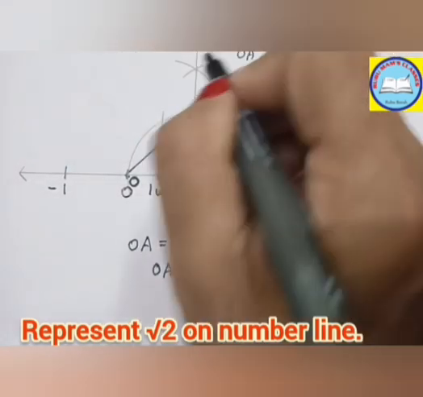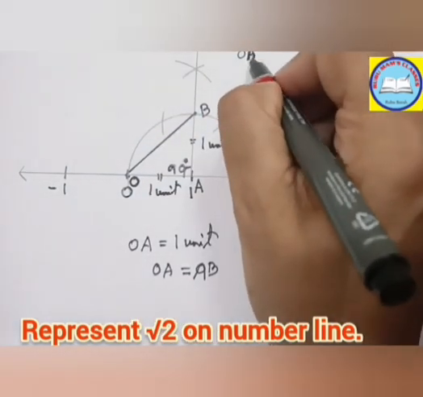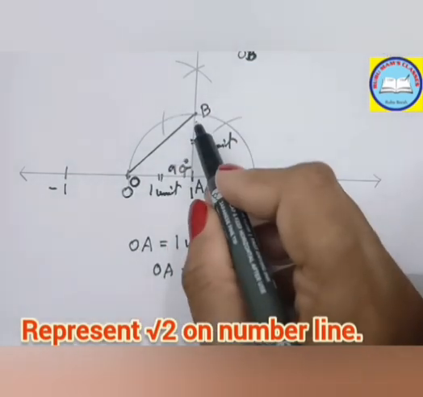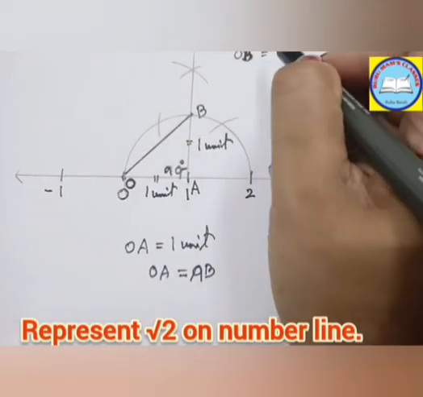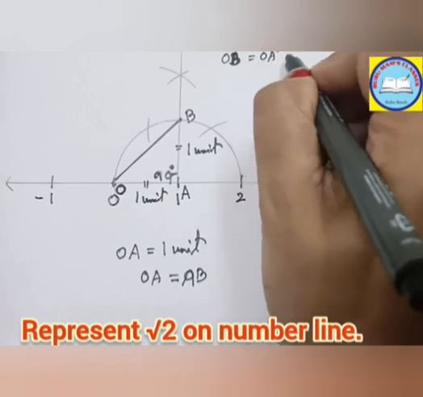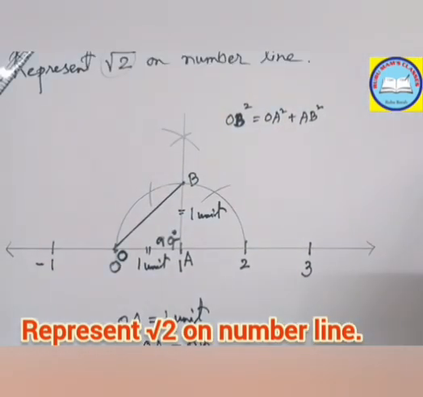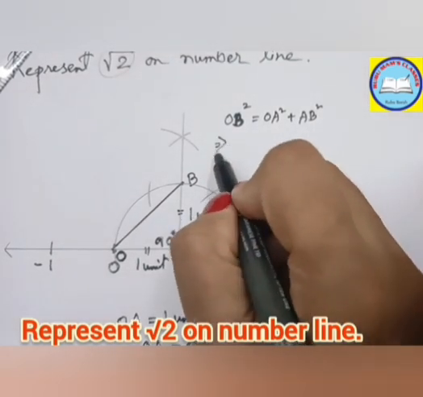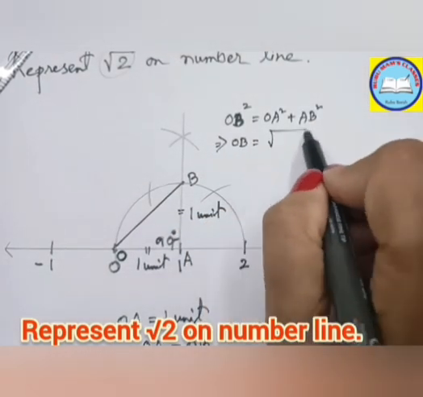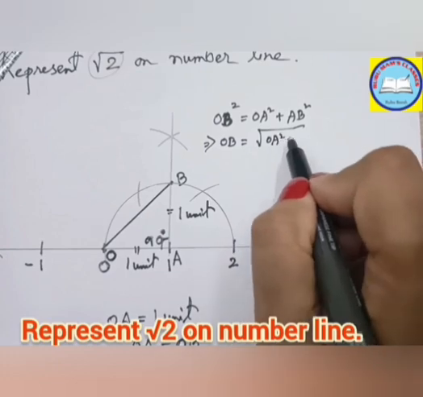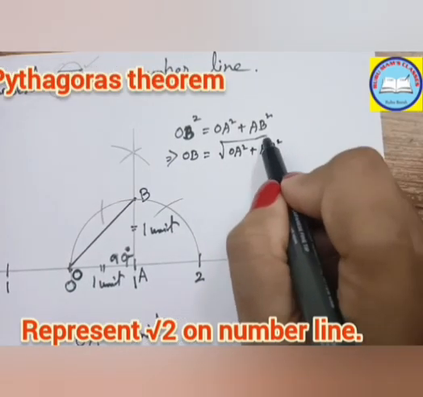OB is the hypotenuse. So OB square is equal to OA square plus AB square, by Pythagoras theorem. Therefore, OB is equal to root of OA square plus AB square.